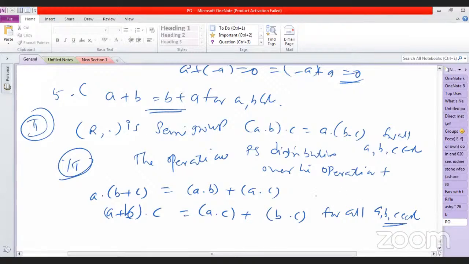Already I told, R plus dot is a commutative ring. The operation multiplication dot is A dot B equal to B dot A, where A, B belong to R. We can write here.